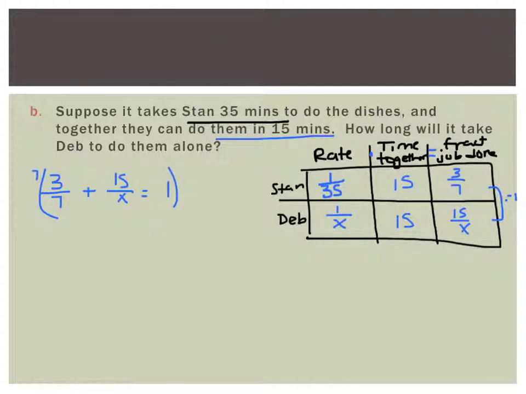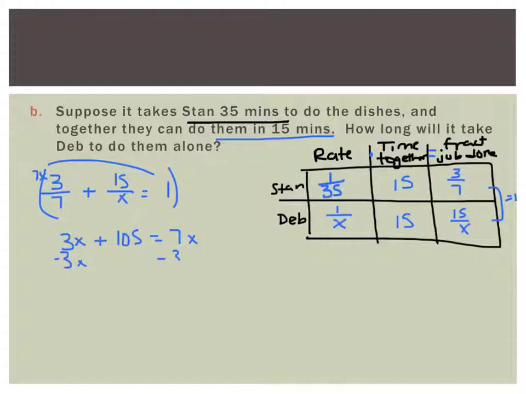And then the common denominator is going to be 7x. So the 7's cancel, so that's 3x plus, now the x's cancel, 7 times 15 is 105. And then don't forget 7x times 1.